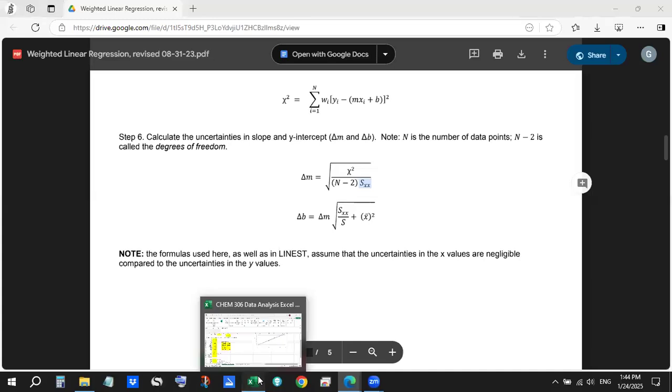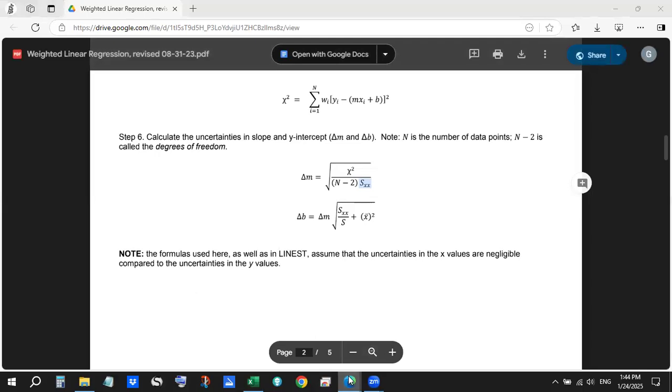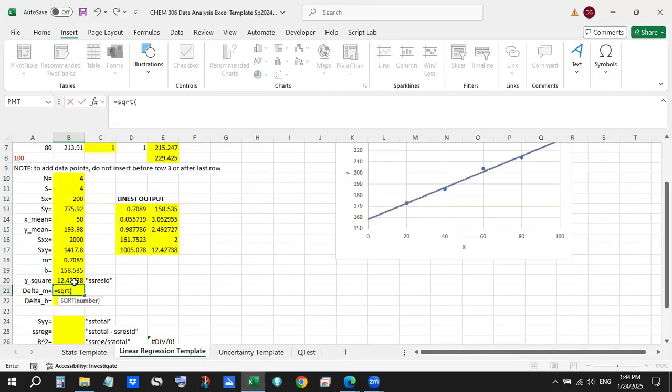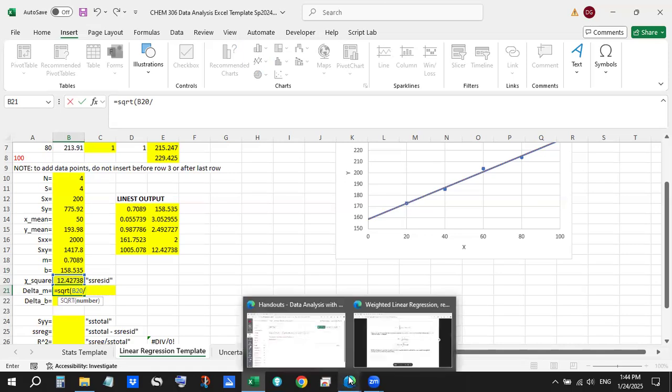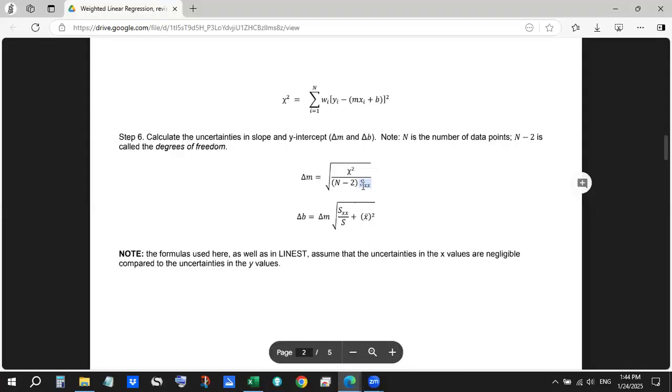Okay, so let's do that. Delta m equals square root of, what was it? Chi-square. Chi-square is this one, divided by n minus 2, so parenthesis n minus 2, okay, divided by, because you got a product in your denominator, Sxx.